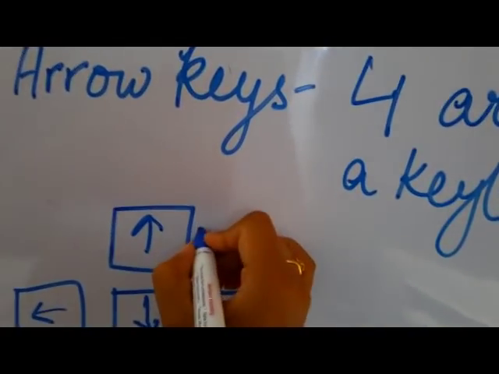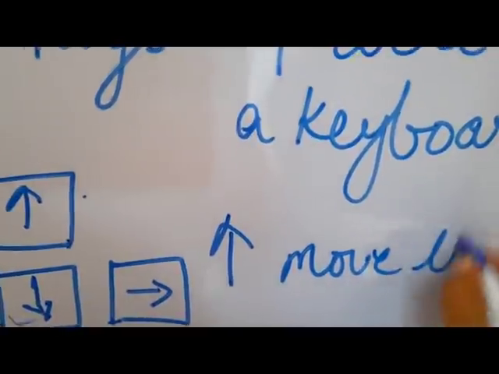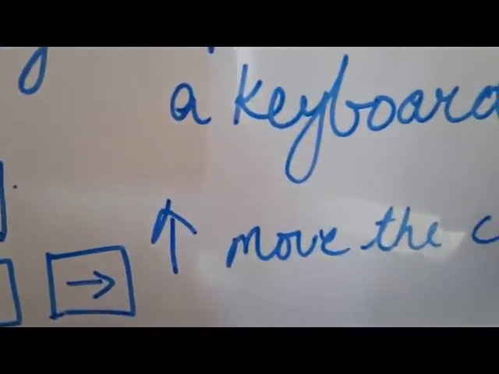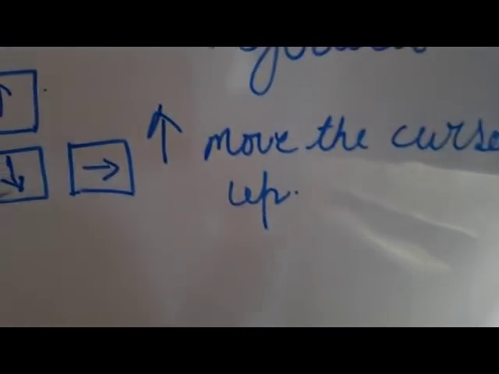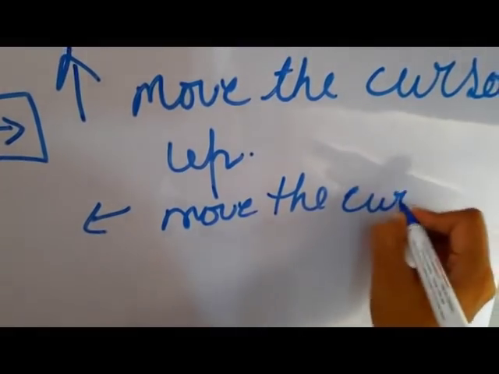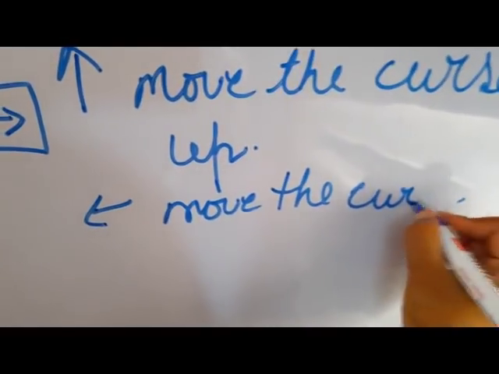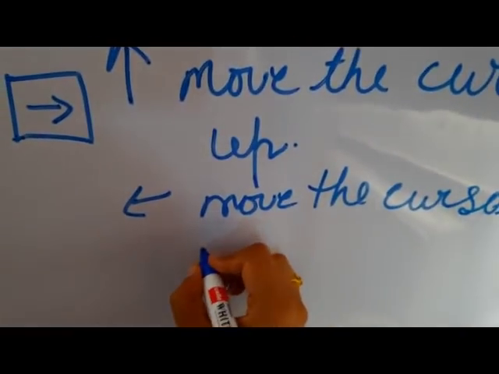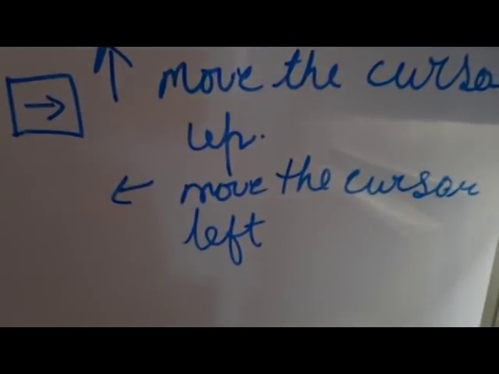So the purpose of all the arrow keys is also different. This arrow key, the up arrow key, moves the cursor up on a page. Similarly, the left moves the cursor left. So it helps to move the cursor towards the left side.